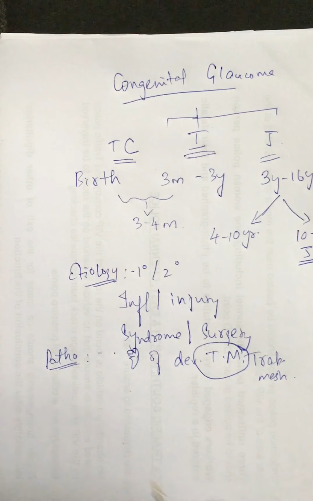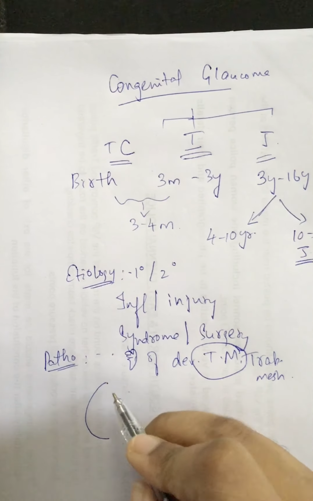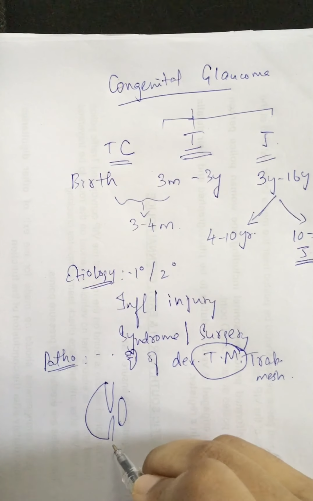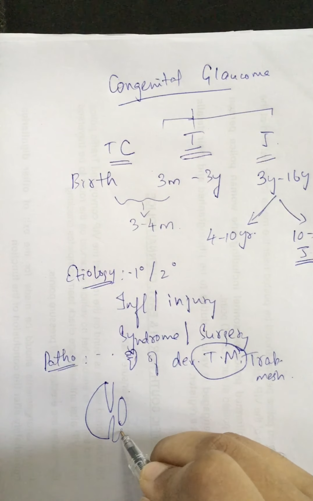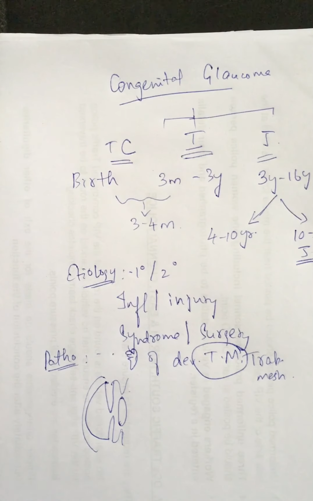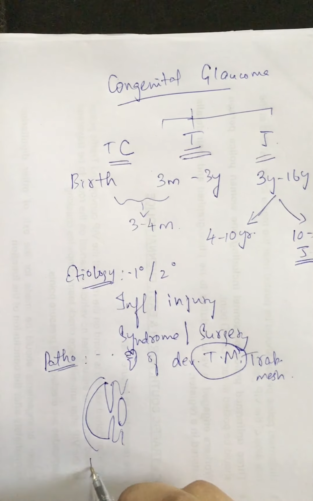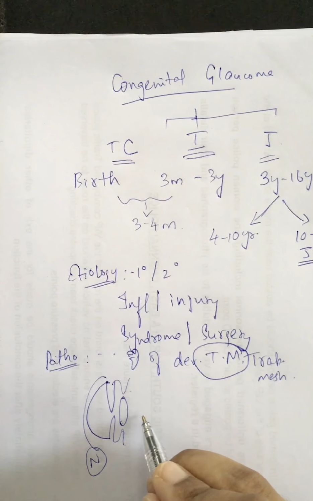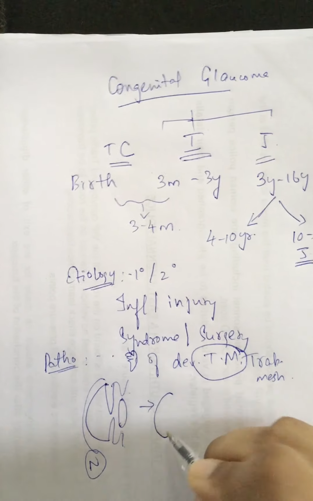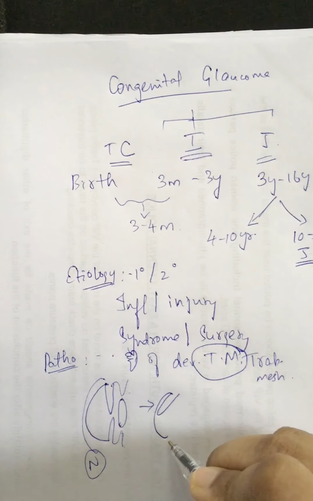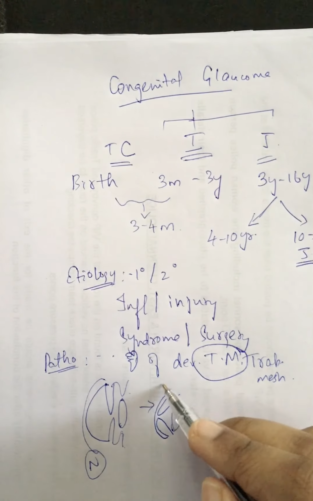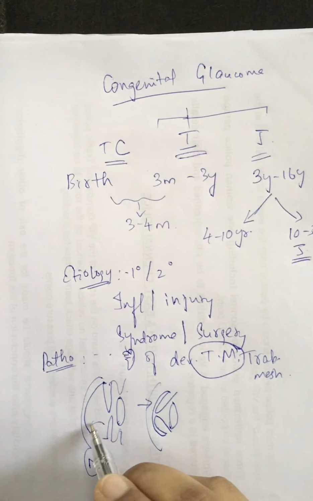I'll tell you how. So there's this cornea and then the iris like this, and behind it is the lens. This is the approximate way we draw the eye, the easiest way to draw it. So this is normal, but what happens is that the development is a bit problematic, where the cornea is going to be in contact with the iris like this, and the lens is going to be somewhere like this. The iris has pushed forwards.